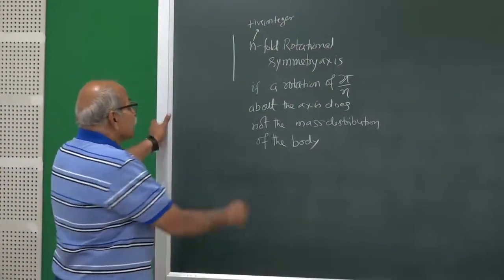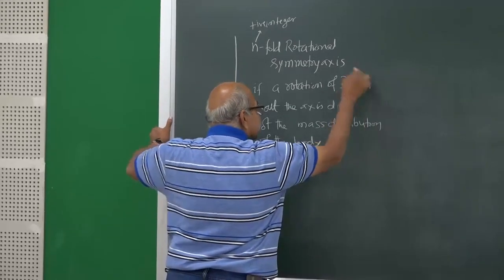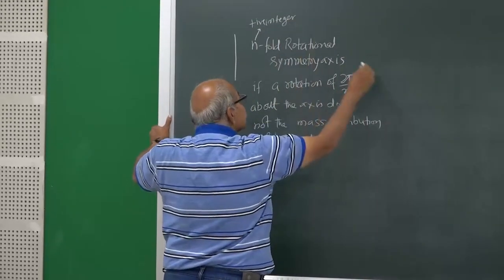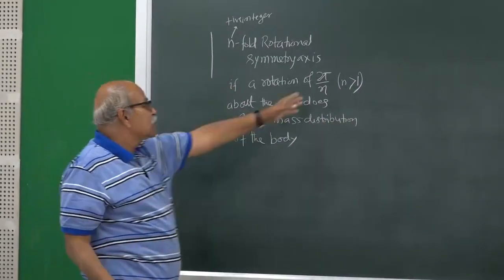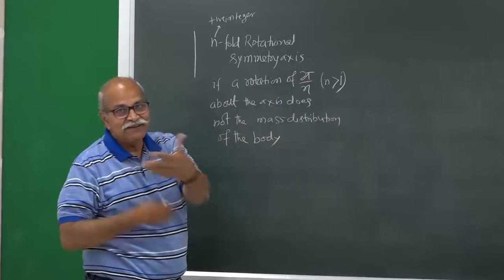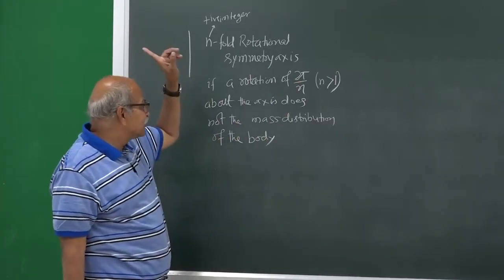All right. So, a rotation of 2 pi by n, with n a positive integer and also greater than 1, because if it is 1, you rotate by 2 pi and everything gets back to the same position, so that is not a rotational symmetry axis.